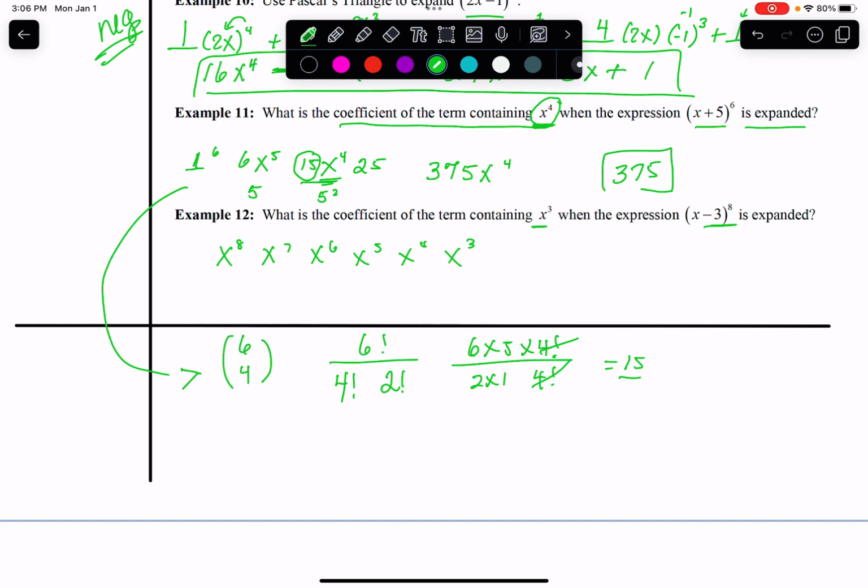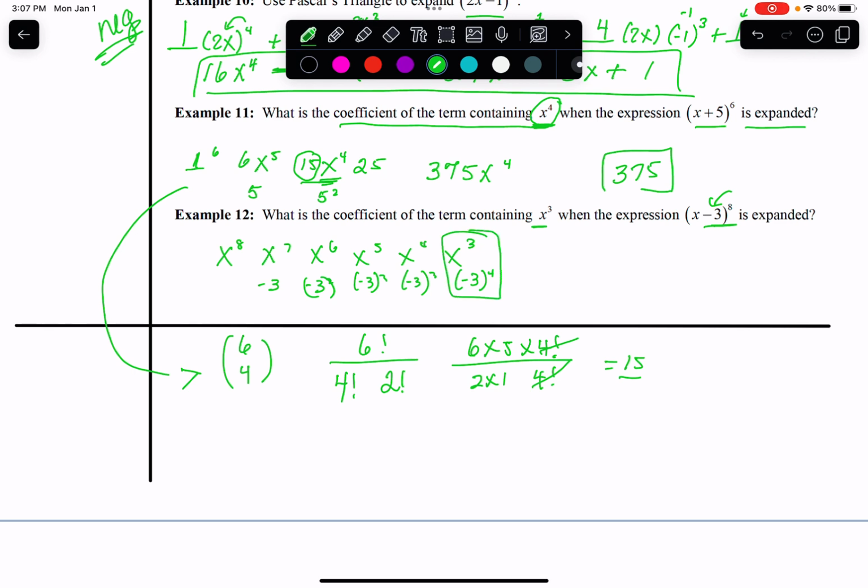So I have to figure out my -3 each time. So this would be times a -3, -3 squared, -3 cubed, and -3 to the 4th. Okay, so I'm at this one.